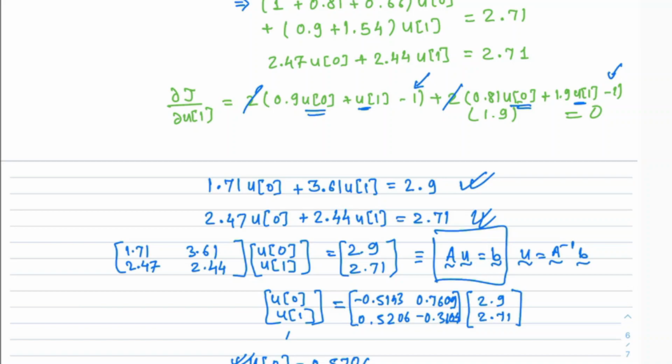So for linear systems, this can be implemented pretty efficiently.